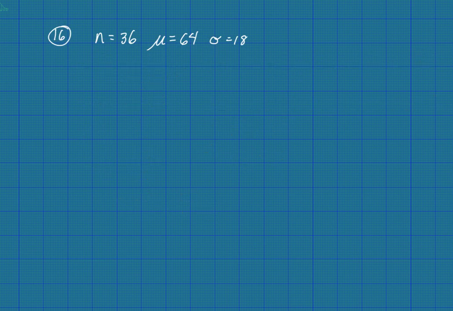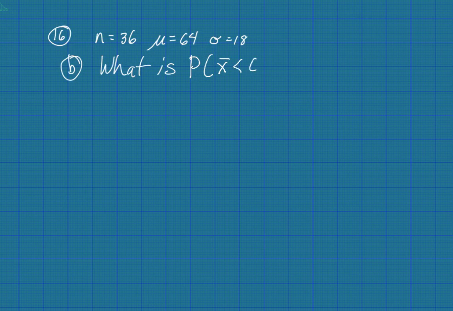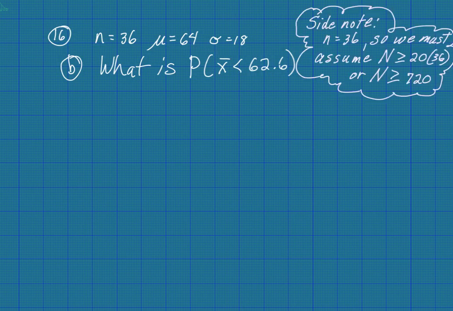Part B of this problem says, what is the probability that our sample mean is less than 62.6? Okay, so that's the question. Well, let's see. We know that the sampling mean is equal to the mean of the population, which is 64.